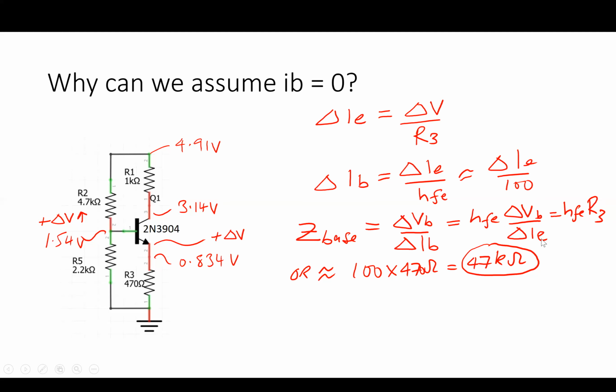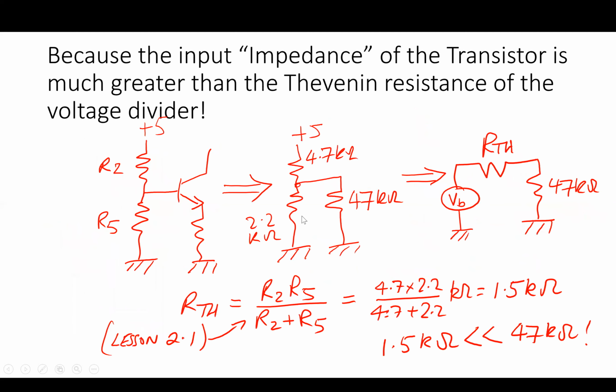So I've used my HFE here to get the emitter current. So it's about HFE times this resistor. So in other words, I've increased the impedance looking into the transistor by a factor HFE. So if this is 470 ohms, and I have a current gain of 100, it looks like 47 kilo ohms looking into the base of the transistor.